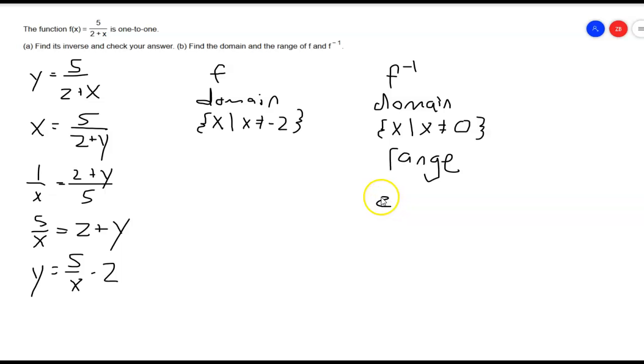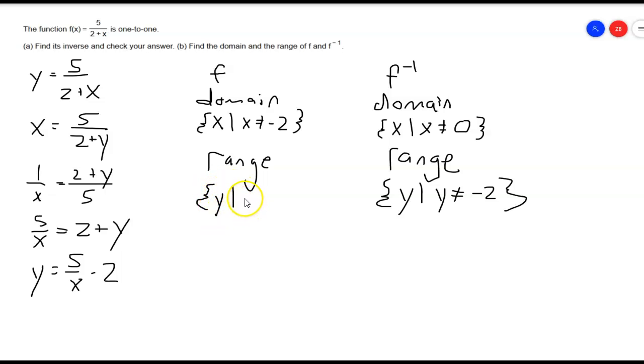So this is going to be y such that y is not equal to -2. And the range of this function here is simply going to be the domain of this function here, so this is going to be y such that y is not equal to 0. All right, and that's pretty much it.